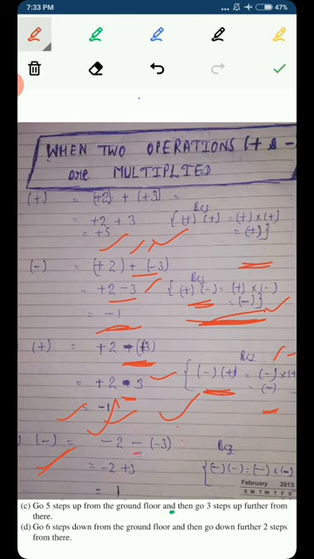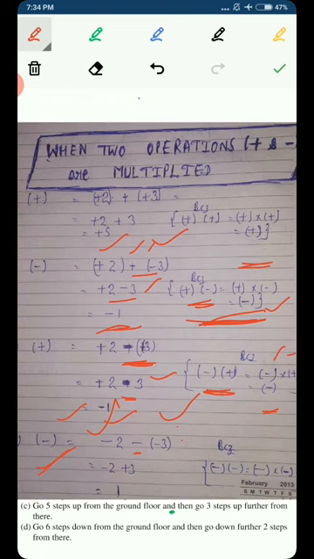Now two minus symbols, two negative symbols, are in multiplication. In the previous three cases, in the first case, two plus symbols were in multiplication. In the second case, one plus symbol and one minus symbol were in multiplication. In the third case, one minus symbol and one plus symbol were in multiplication. In the fourth case, both symbols are minus and they are in multiplication.